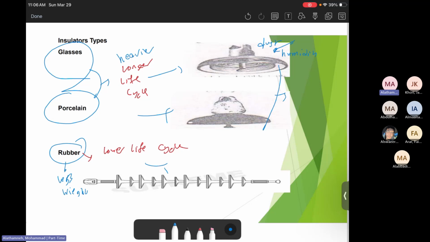So to remove the dust and the humidity, especially during the summer, we need to do something we call washing insulators. We need to wash these insulators during the summer.